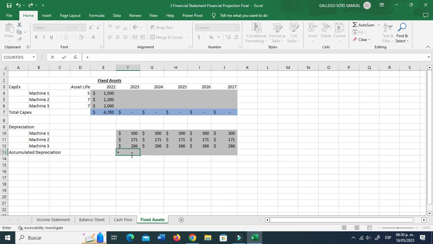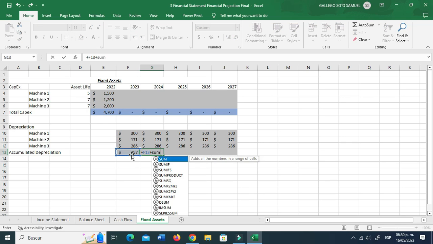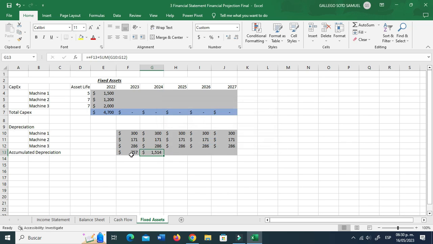So the accumulated depreciation expense, get this up, and we add the last one to the present one. Now let's drag it right.